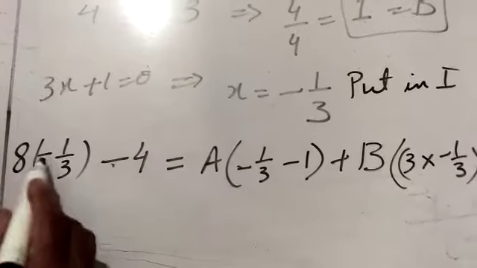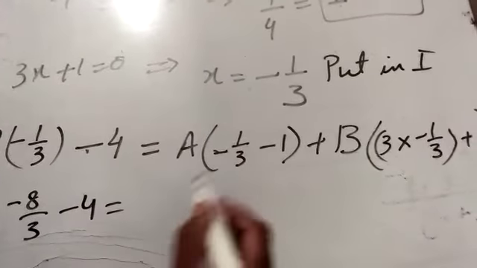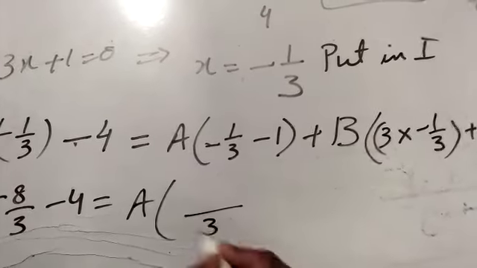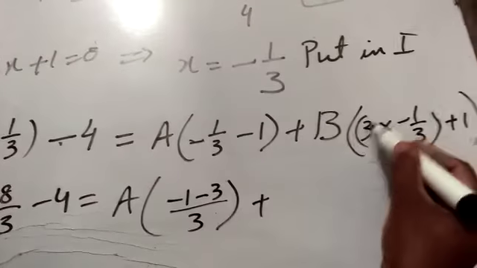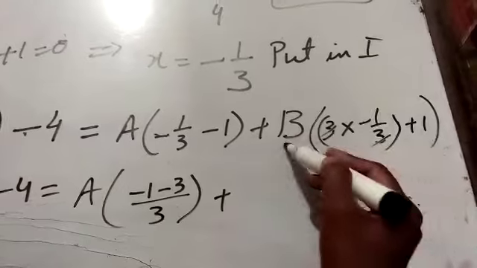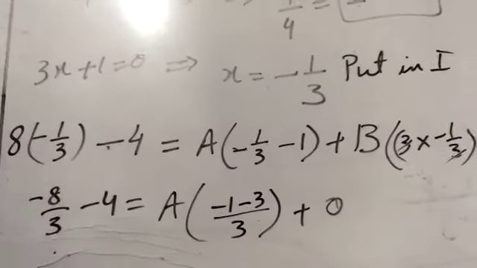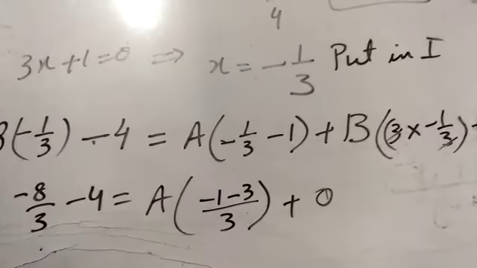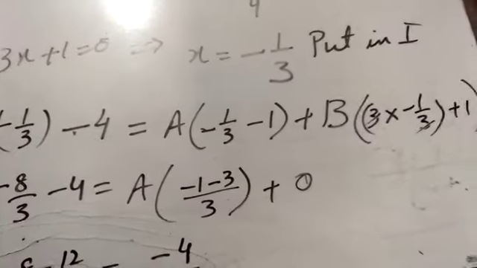Now 8 minus 8 by 3 minus 4 will be equal to a into the LCM of these two terms, which will be 3. So minus 1 minus 3 plus 3 will be cancelled by 3. Minus 1 plus 1 becomes 0, 0 multiplied by b is 0. And the LCM of this side will be 3, so 24 minus 8 minus 12 equals minus 4 by 3a.